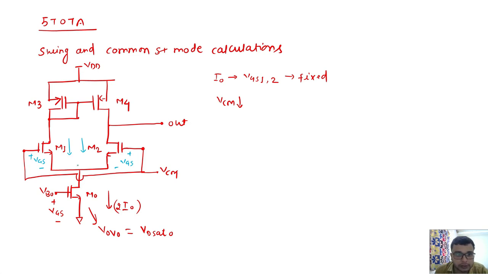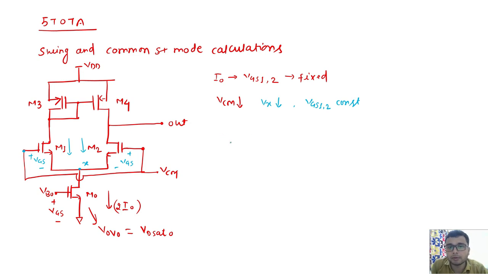What changes is node X: if VCM reduces, Vx reduces, keeping VGS of 1, 2 constant.